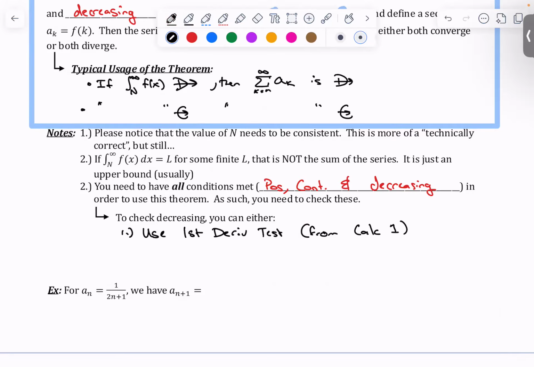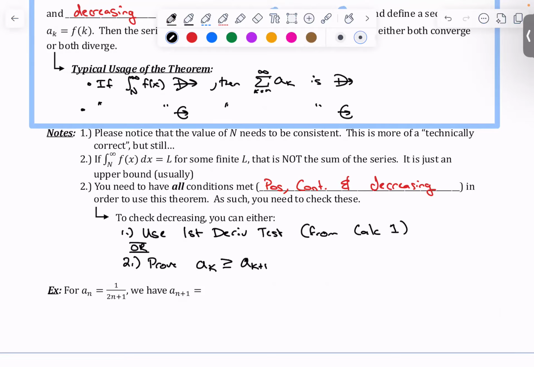Find the derivative, find its critical values, set up a sign chart to figure out where the function is increasing, where it's decreasing. Or you can prove that a sub k is greater than or equal to a sub k plus 1. Let's take a second to write that down and then understand what's going on here.